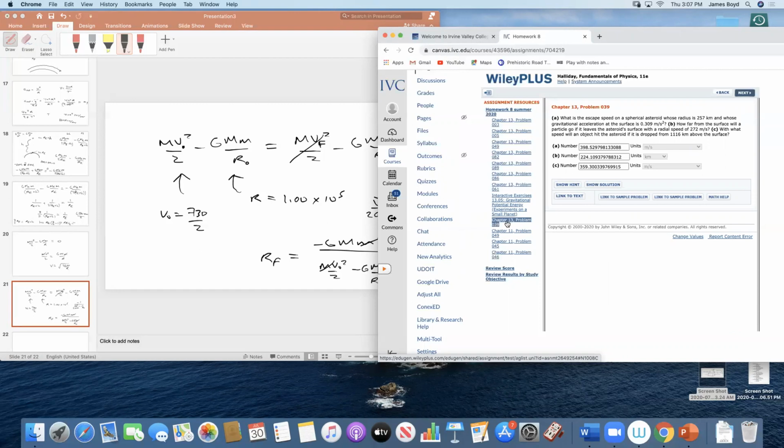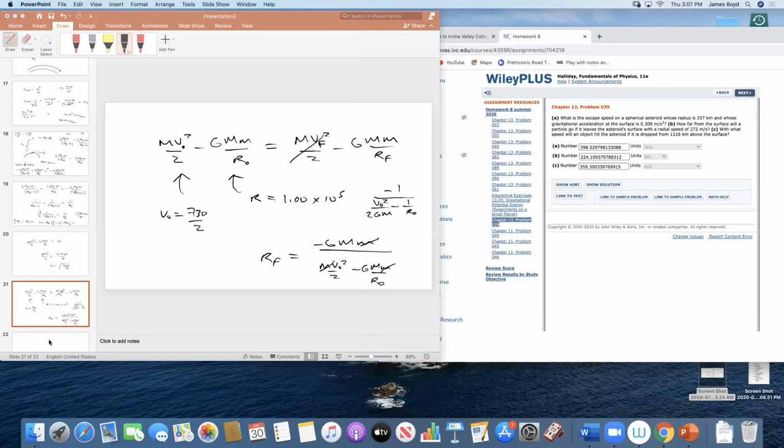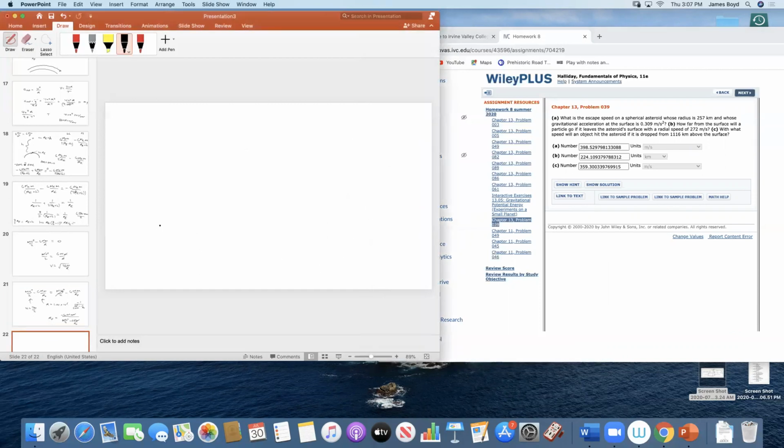This question's a bit weird, and really, the only thing you need to know is, let's talk this through and see if we can figure out what the problem is here. We want the escape speed on an asteroid with a radius of 257 times 10 to the 3rd meters.